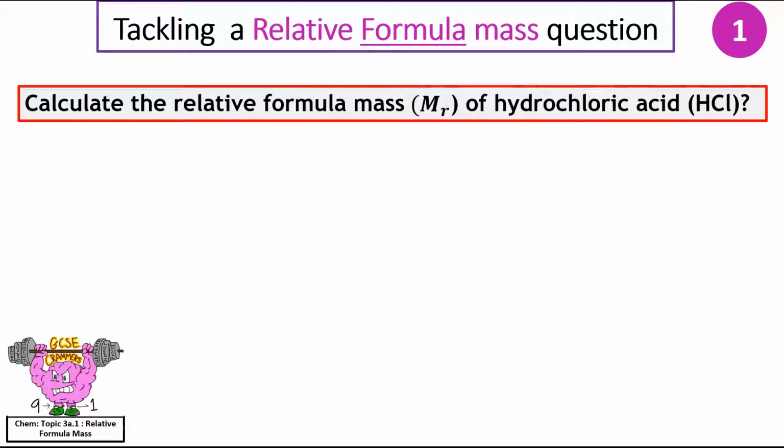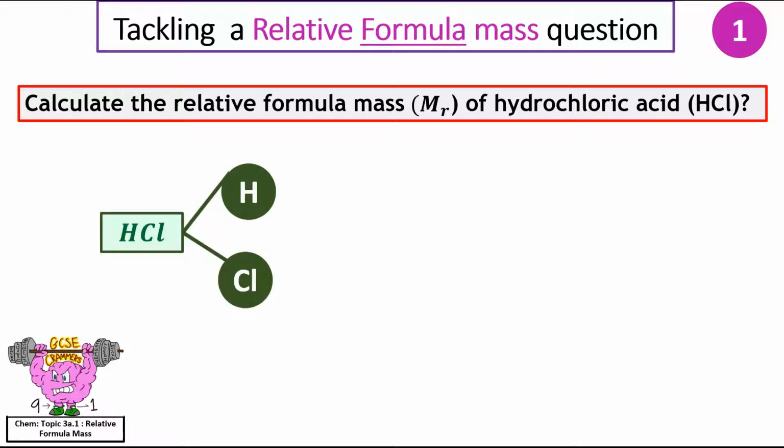Tackling a relative formula mass question. Question 1. Calculate the relative formula mass, MR, of hydrochloric acid, HCl. Hydrochloric acid, HCl, is made up of 2 elements, 1 hydrogen atom and 1 chlorine atom. The question has not given the relative atomic mass numbers, so look on the periodic table for them.